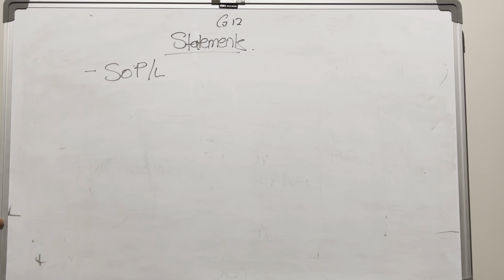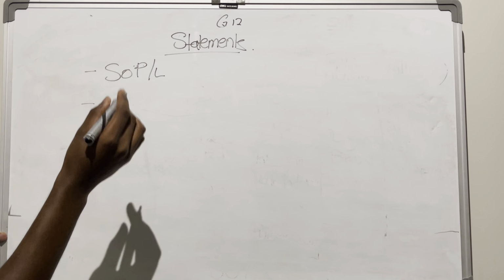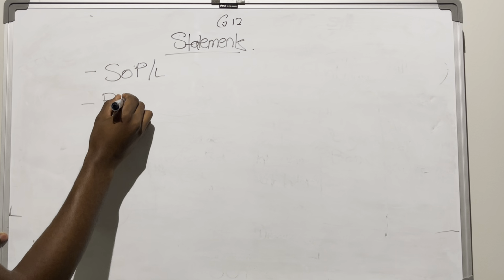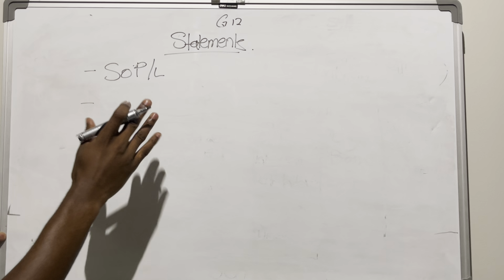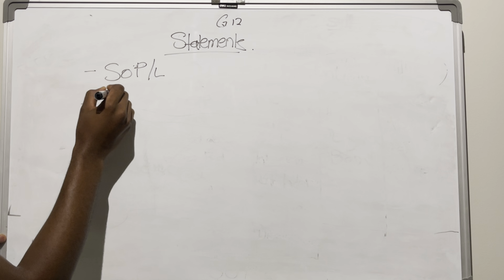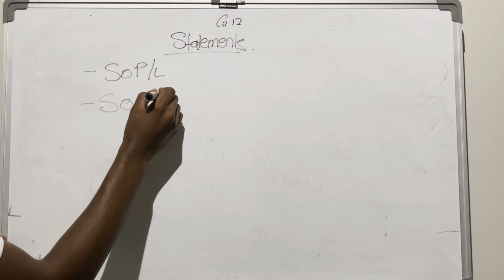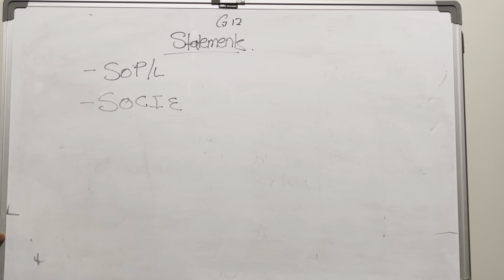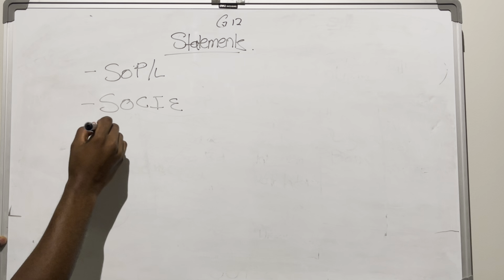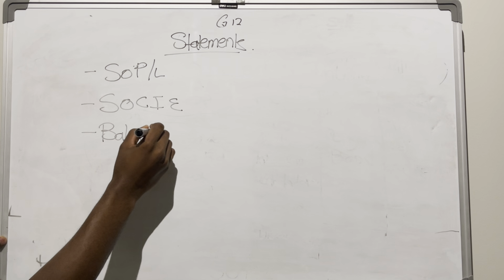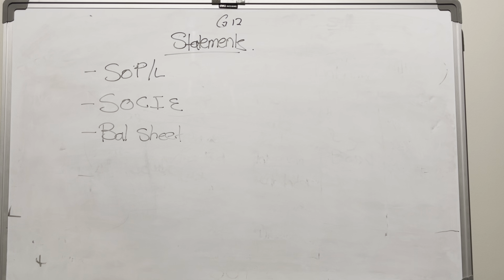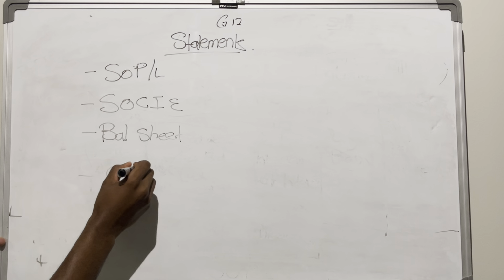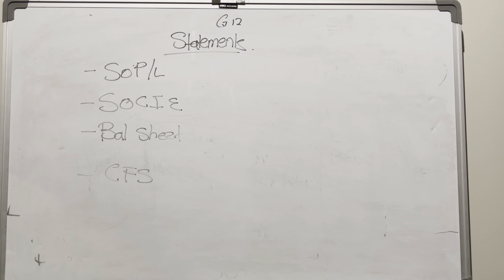Let me just use your terms that you usually know. Okay, let me just take them according to how they start. It is your statement of changes in equity. It is your balance sheet. Thereafter, it is your cash flow statement.